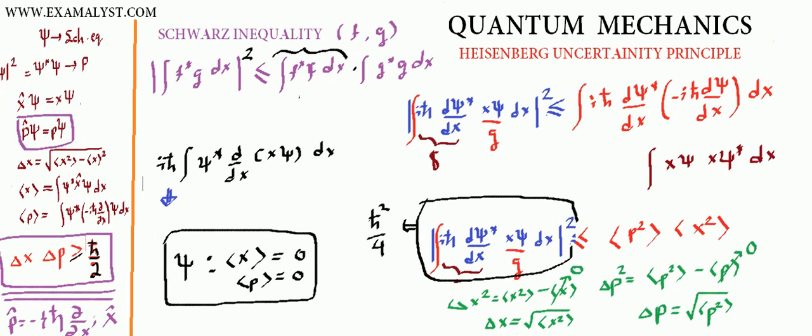So if we can choose this as h cross square divided by 4, then what do we get?